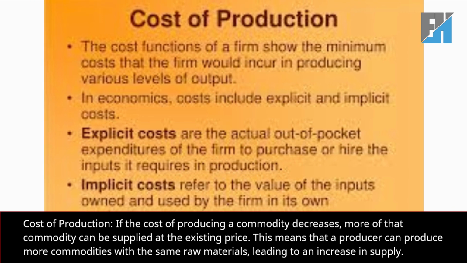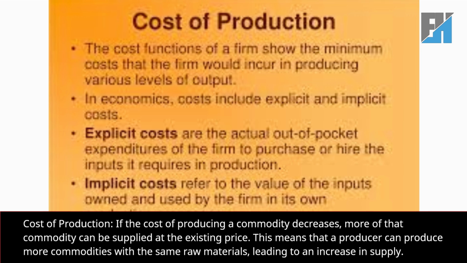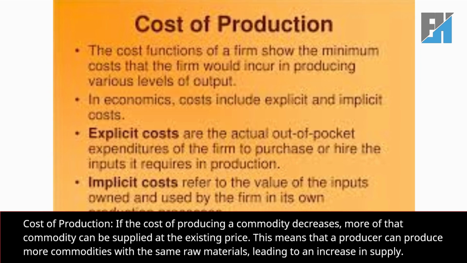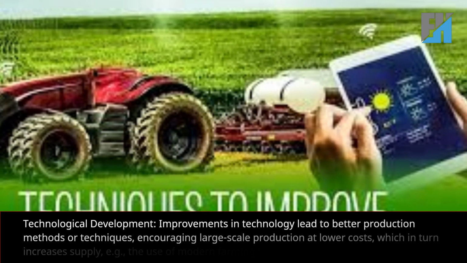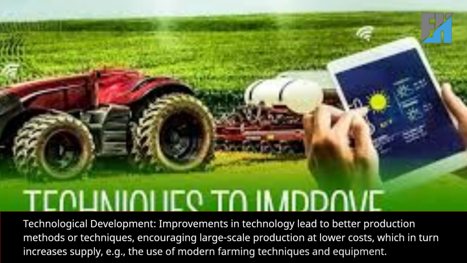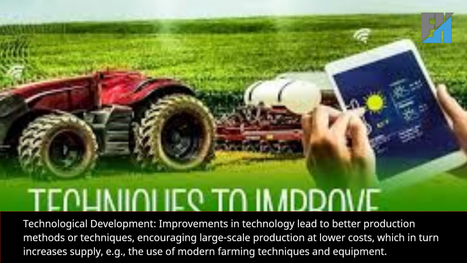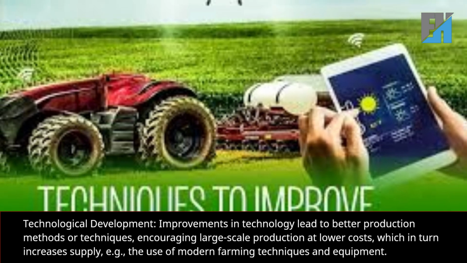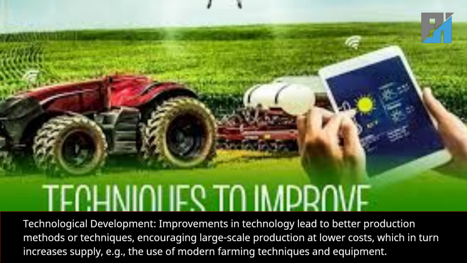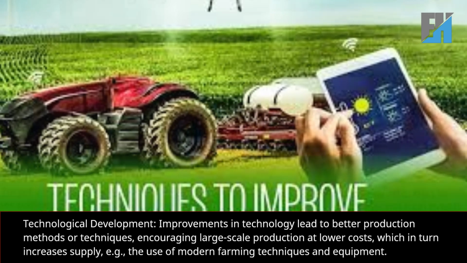This means that a producer can produce more commodities with the same raw materials, leading to an increase in supply. Technological development. Improvements in technology lead to better production methods or techniques, encouraging large-scale production at lower costs, which in turn increases supply, e.g., the use of modern farming techniques and equipment.